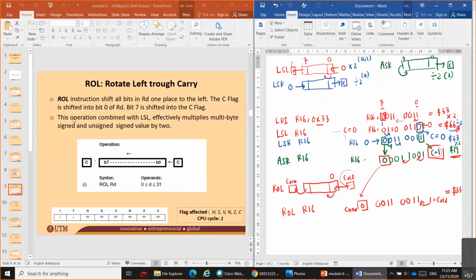If you use the ROL, this operation combined with LSL effectively multiplies multi-byte signed and unsigned values by 2. So ROL is used when you are going to multiply a 16-bit number by 2, for example.